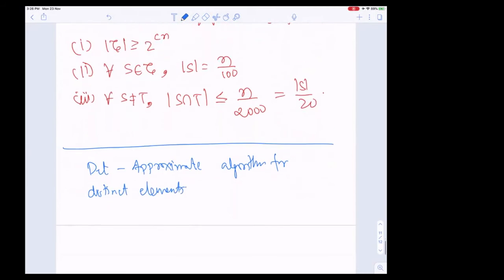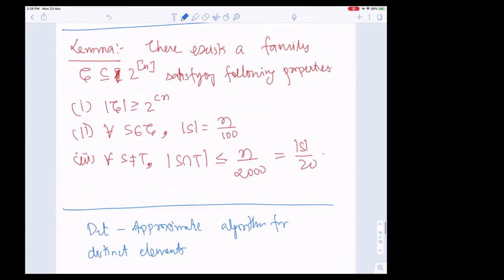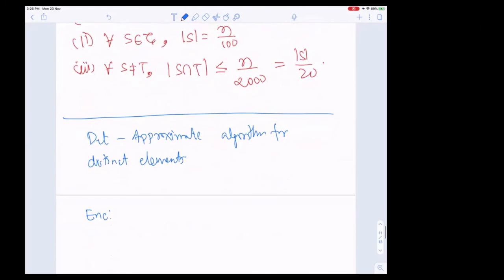My encoding function will be from this particular C, from the lemma. So let C be from the lemma.